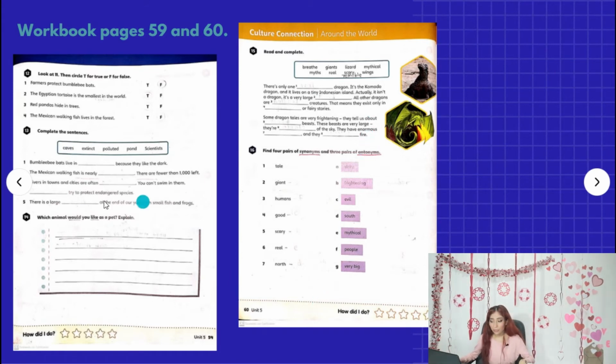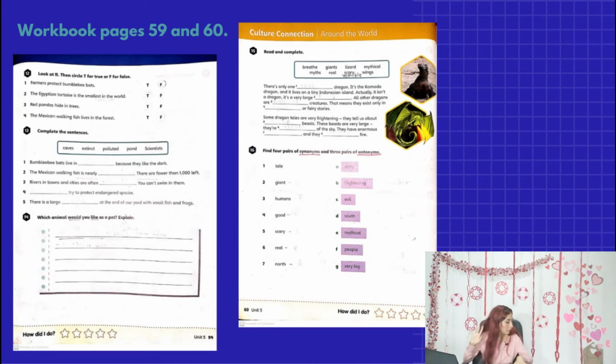Now, activity 13 says complete the sentences, and then you have a box, and the words say caves, extinct, polluted, found, and scientists. And you're going to read these sentences that are also about the last reading on page 58. Remember that.